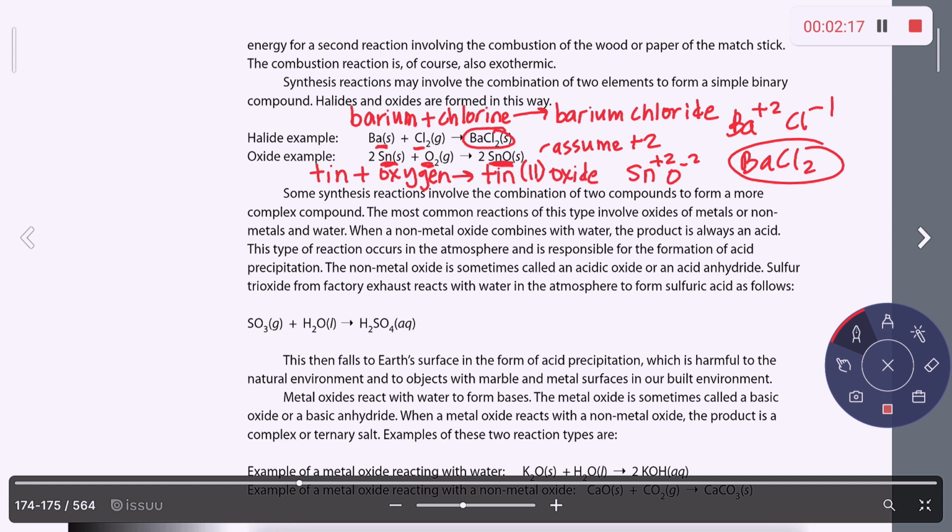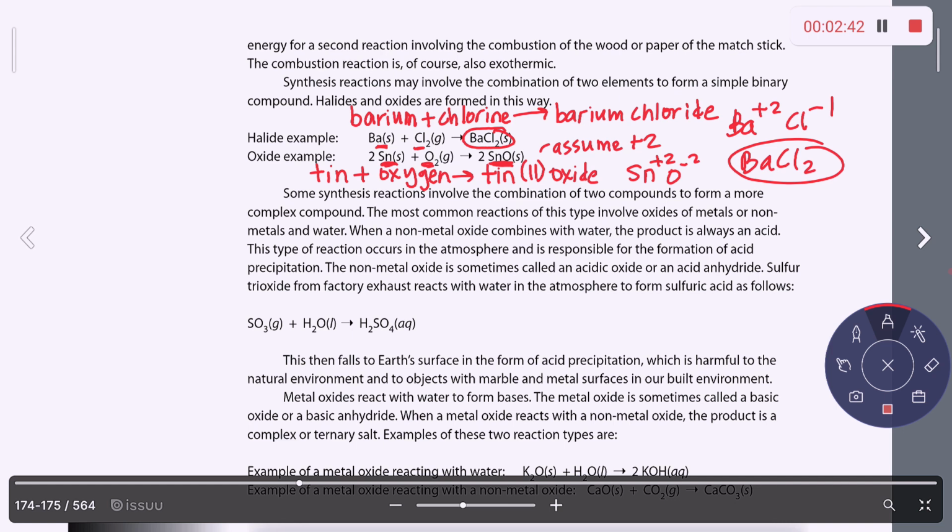Now, some common reactions that involve things that come together to produce one product are all outlined in a table on the next page. So I'll point them out to you within the reading, but I think the table is a lot easier to reference.